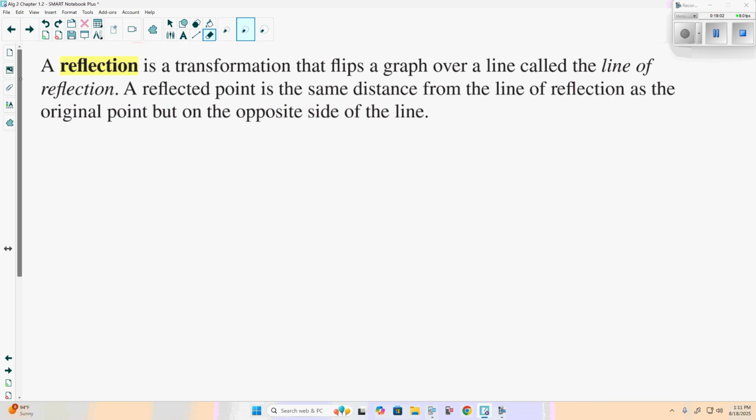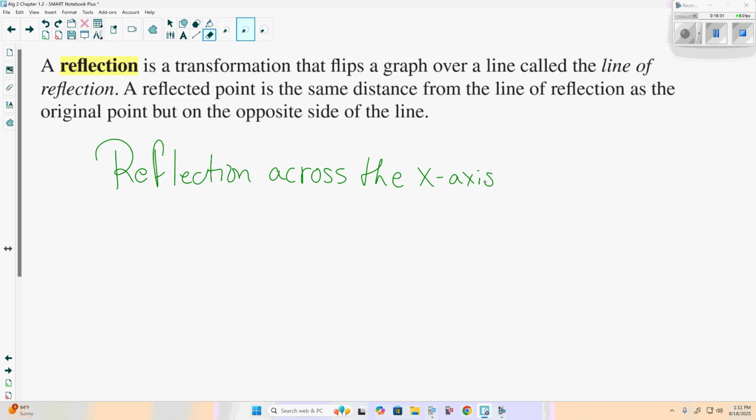Our next transformation is a reflection. A reflection flips the graph over a line of reflection. A reflected point is the same distance from the line of reflection as the original point, but is on the opposite side of the line, so we're flipping it across. Now, the main reflection that we'll look at here is a reflection across the x-axis.